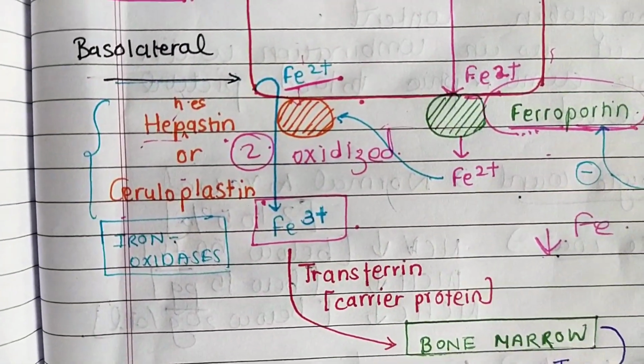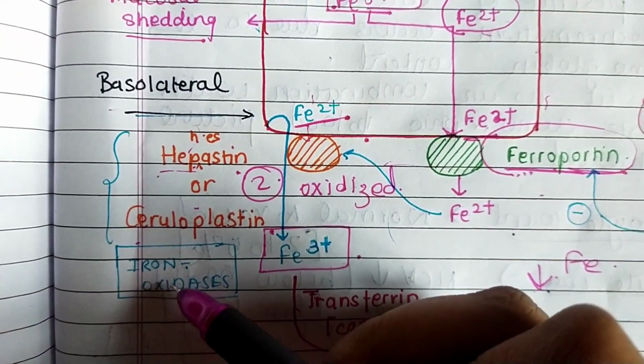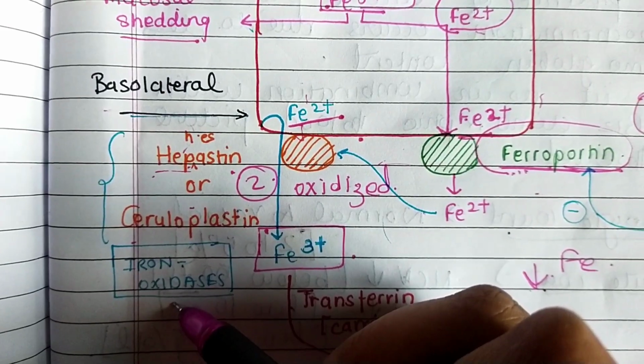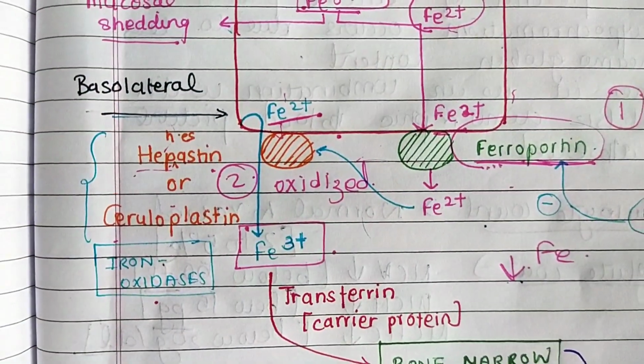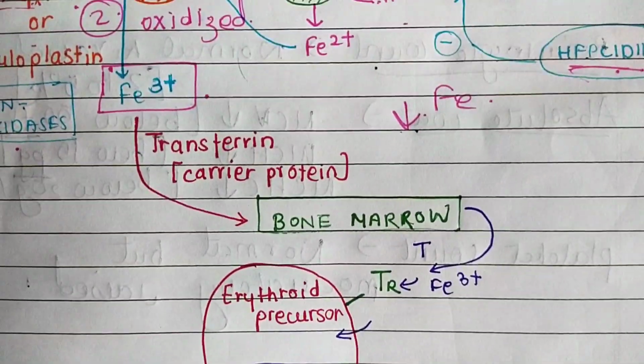So you can see here that hepcidin and ceruloplasmin are nothing but iron oxidases. These are iron oxidases. They oxidize iron. Now we will see what happens next.